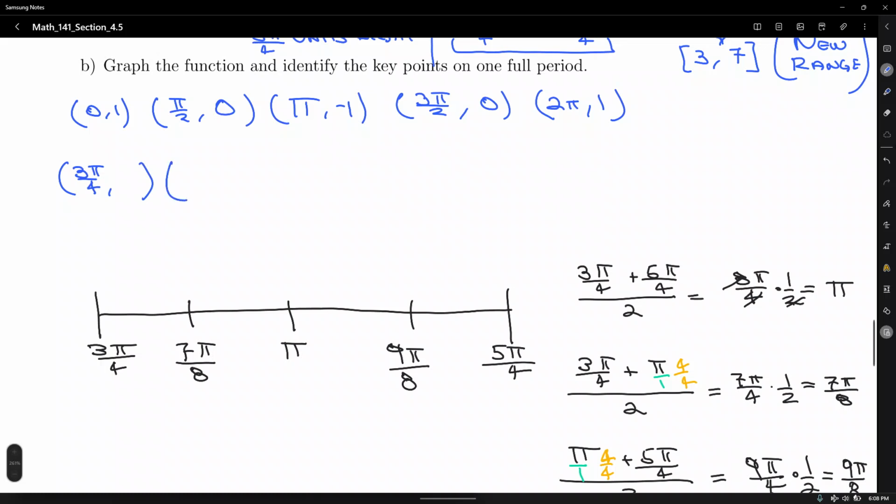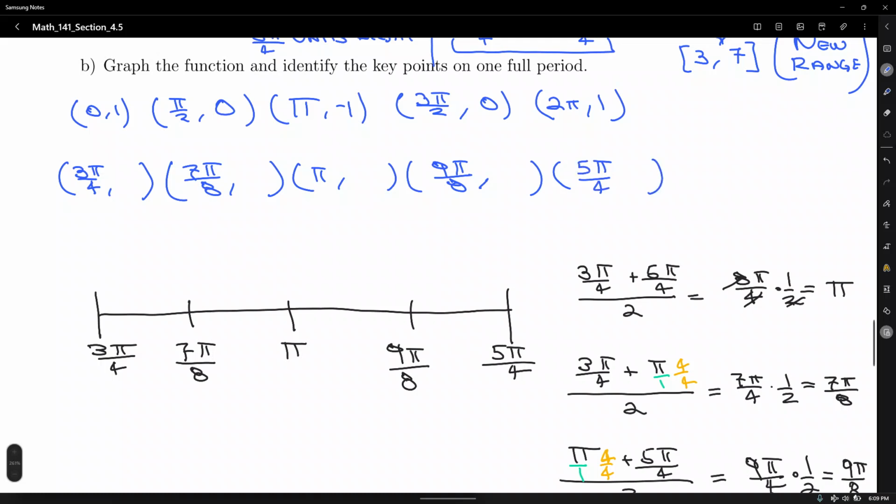And then the next value, that's 7 pi over 8, comma the y coordinate, we will figure it out in a second, pi, comma blank, 9 pi over 8, comma blank, and 5 pi over 4, comma blank.